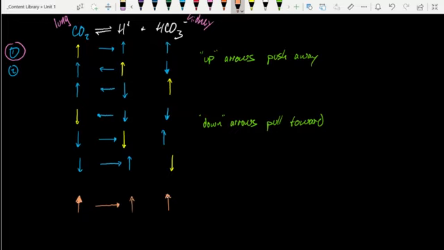Now, what's the body going to do to try and compensate for this? Because it's a respiratory problem, it's a chronic problem, the body's going to try and respond with the kidneys. And so in this case, because it's acidosis, the kidney is going to activate the type A intercalated cells in the collecting duct.